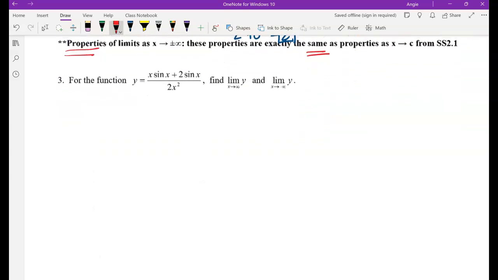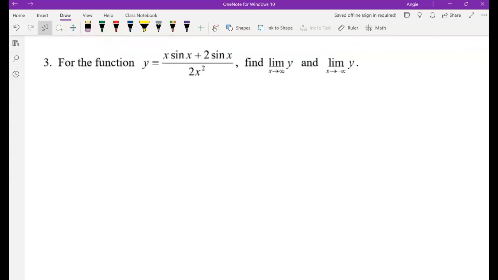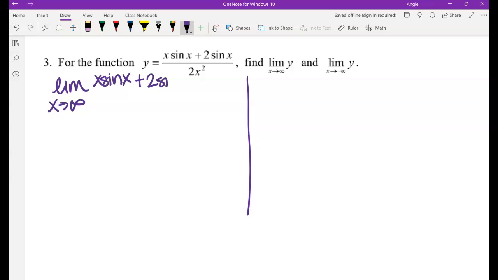Let's do example 3. The direction says, for the function y equals (x times sine of x plus 2 times sine of x) divided by 2x squared, find the limit as x approaches positive and negative infinity. So how about this? We'll split it up. x approaches positive infinity here. And then we are going to write x times sine of x plus 2 times sine of x.